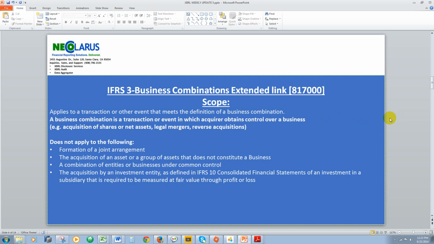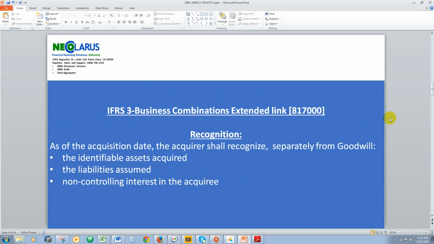So let's look at recognition. As of the acquisition date, the acquirer shall recognize separately from goodwill the identifiable assets acquired, the liabilities assumed, and the non-controlling interest in the acquiree.